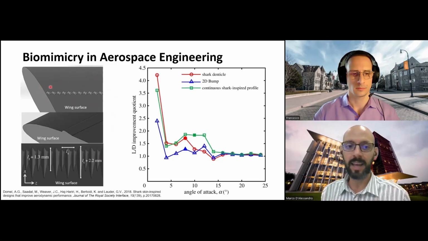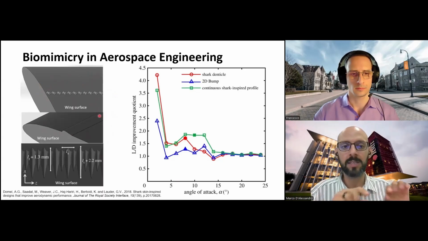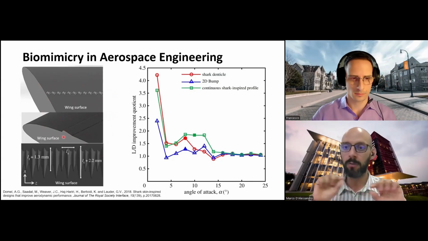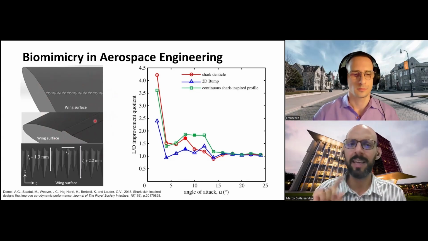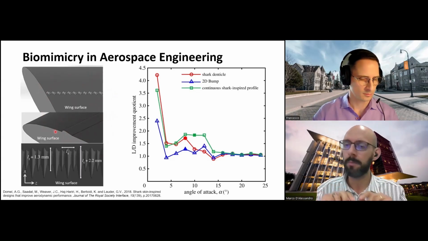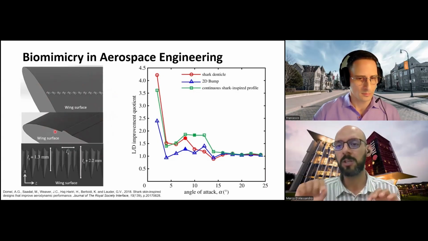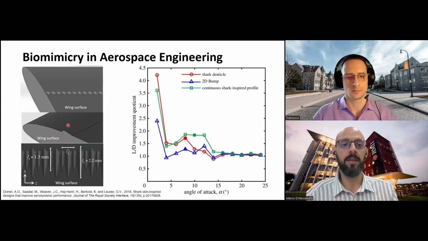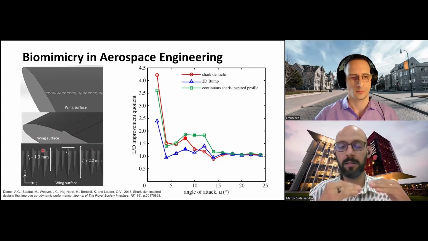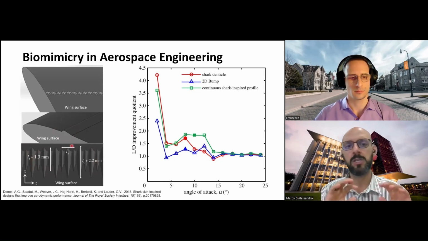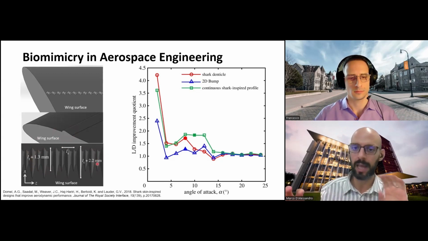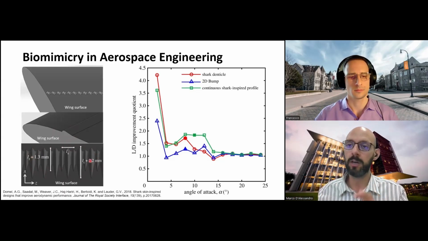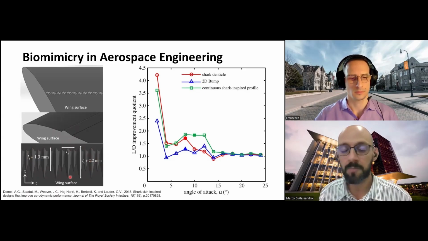In a second instance, they analyzed a structure on the wing that is uniform in the span, but has the same dimensions as the denticles, to investigate what happens when it's just a two-dimensional bump that has the same dimension as the denticle. And in a third experiment, they analyzed a surface that is much more complex, three-dimensional, and that resembles a lot the distribution of denticles on the skin of a shark.